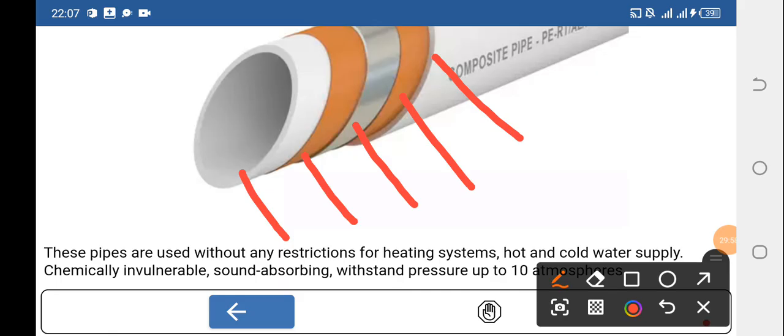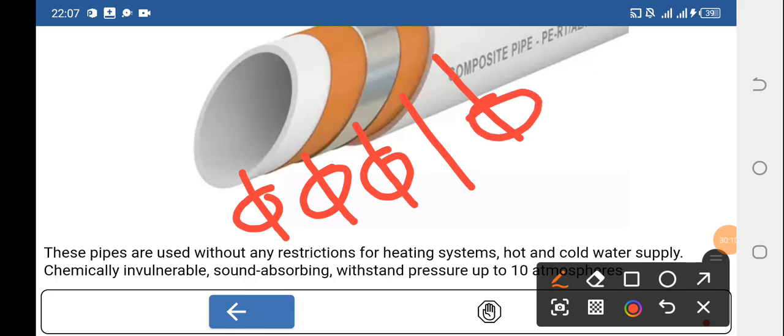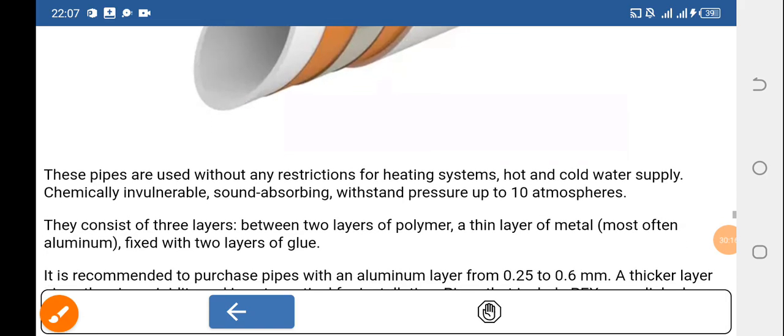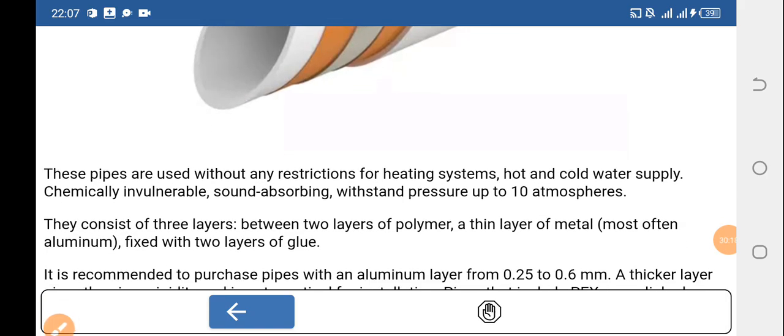So you can see somewhere there's a metal, inside there's a plastic, there again there's another different plastic material, also an outer layer and another material. So different types of materials. That's why we are calling it metal to plastic.